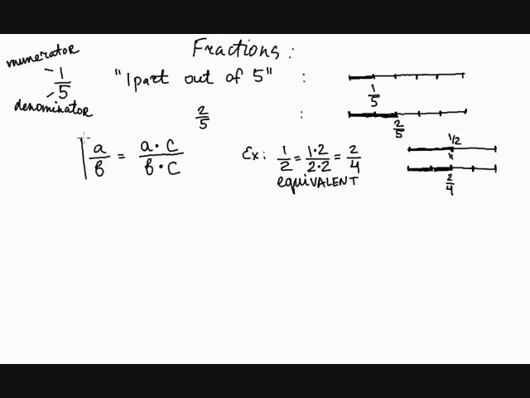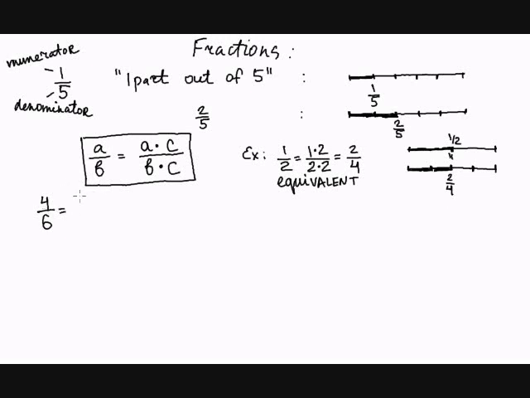The same property could be applied differently, and I'm going to show you how. For example, we have the fraction 4/6. You might notice that 4 and 6 have a common factor, and the greatest common factor is 2.